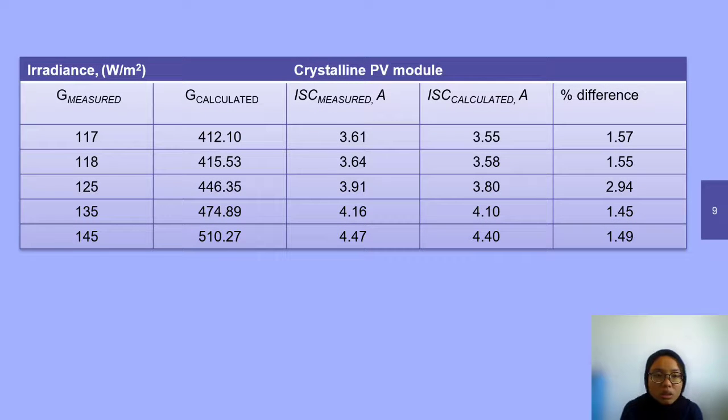So from this table we can conclude that when the G measured increases, the ISC measured is also increased. So from both graphs before, we can conclude that the current increases with the increase of solar radiation. As the temperature increases, the solar irradiance also increases. Besides, the value of current and voltage can also be affected because of the module temperature due to the solar irradiance.